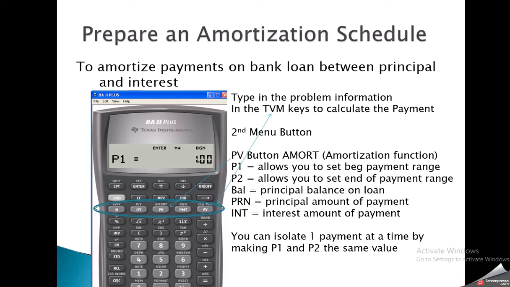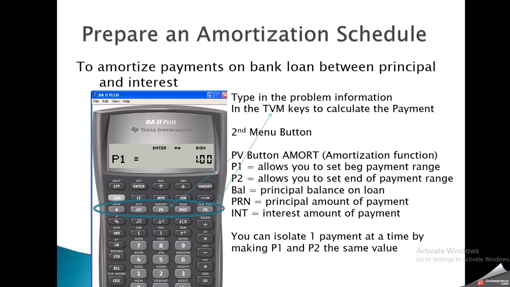Back when I got my first car loan, within my loan paperwork, it gave me an entire amortization schedule for the entire 60 months or 48 months, whatever it was, payment by payment. They don't do that anymore. At least the ones that I've gotten recently don't show you that. They'll show you the total interest you would pay if you didn't pay the loan off early. But basically what we're going to do with our financial calculator is build an amortization schedule where you really could do each payment for the entire life of that loan.